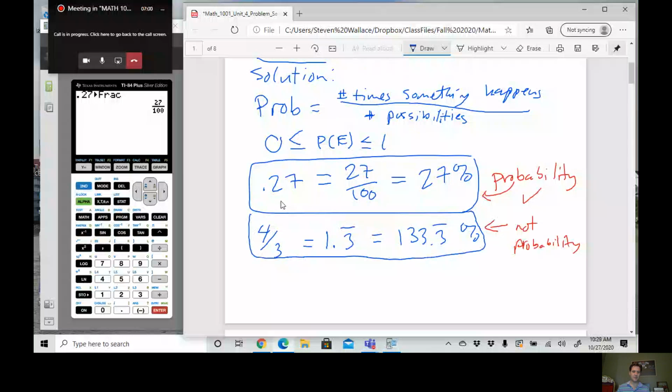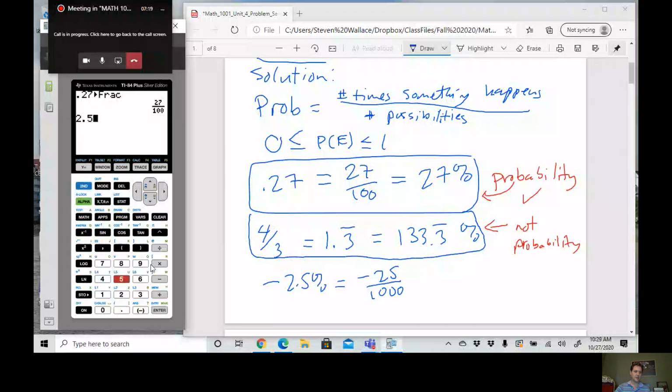Lastly, negative 2.5%. Well, that's negative 25 over 1,000, because that's 2.5 over 100.